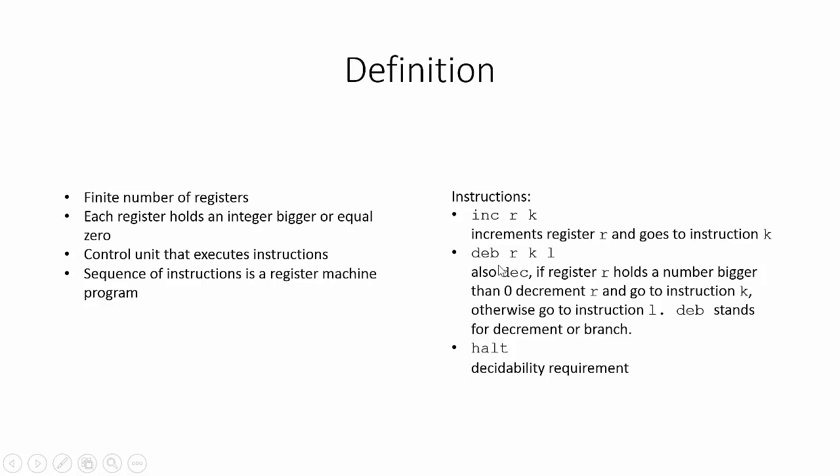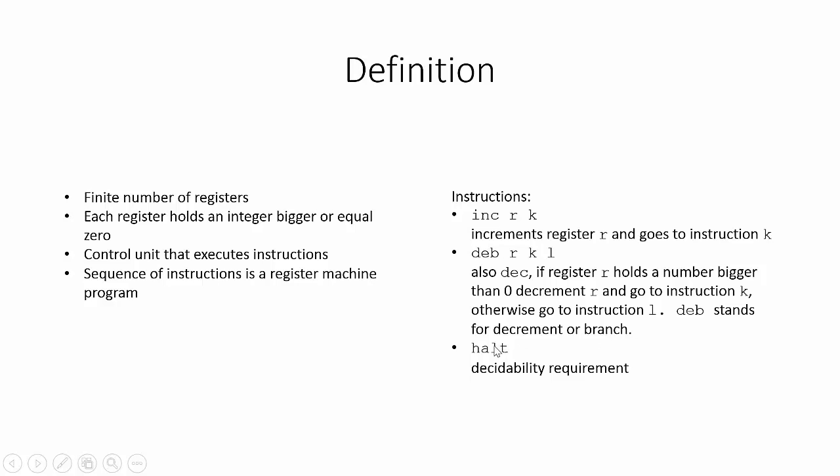So if we try to decrement but it's 0, instead of doing that, we simply branch. We go to instruction L. This DEB is short for decrement and branch. This instruction is also sometimes called DEC, but DEB is the most classic abbreviation for it.